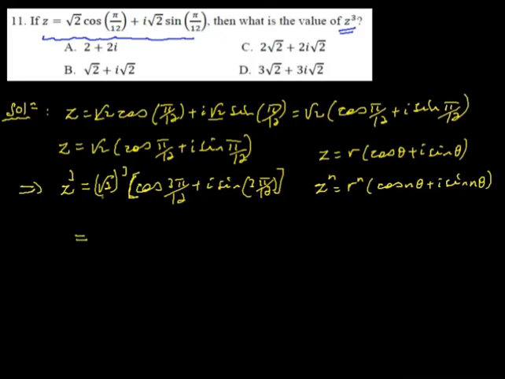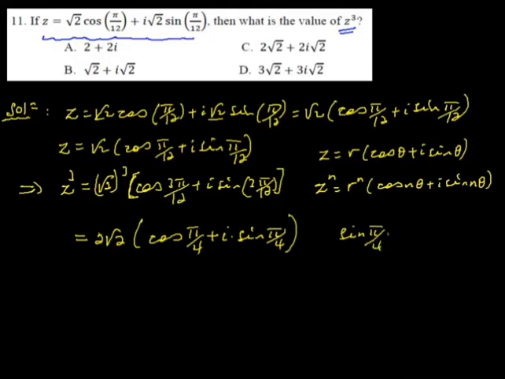So z cube is equal to radical 2 cubed, which means 2 radical 2, into cosine of pi over 4, since 3 pi over 12 means pi over 4, plus i times sine of pi over 4. But sine pi over 4 and cos pi over 4 are the same, and their value is 1 over root 2 or root 2 over 2.